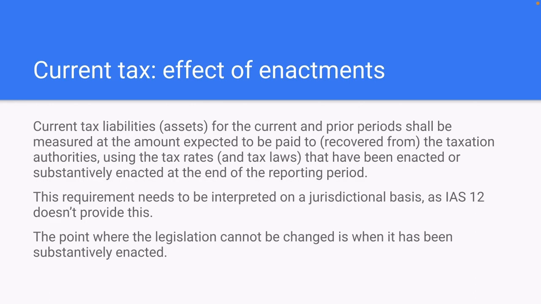So if a new law was passed after the balance sheet date and it has no effect on what has happened before the balance sheet, it really does not matter. It does not affect your tax calculations. You may do certain disclosures to say we've come to know about this new law, that it has a potential impact. But as long as that law has not been passed as of the balance sheet date, then it has no impact on the provisions that you need to book for the period.